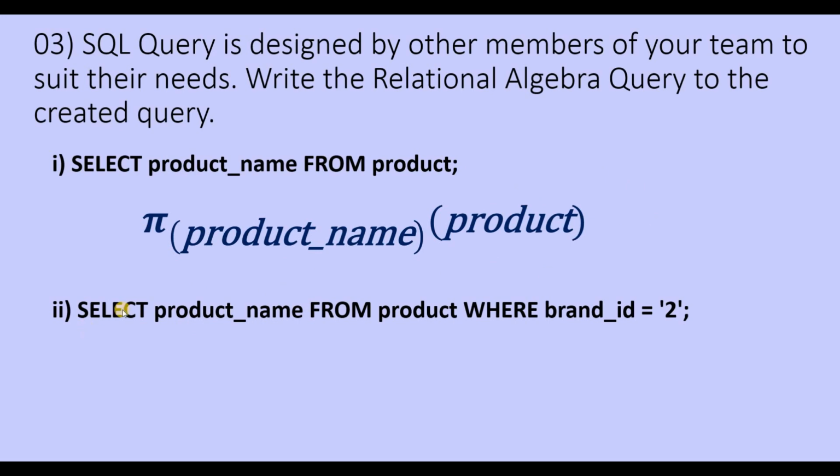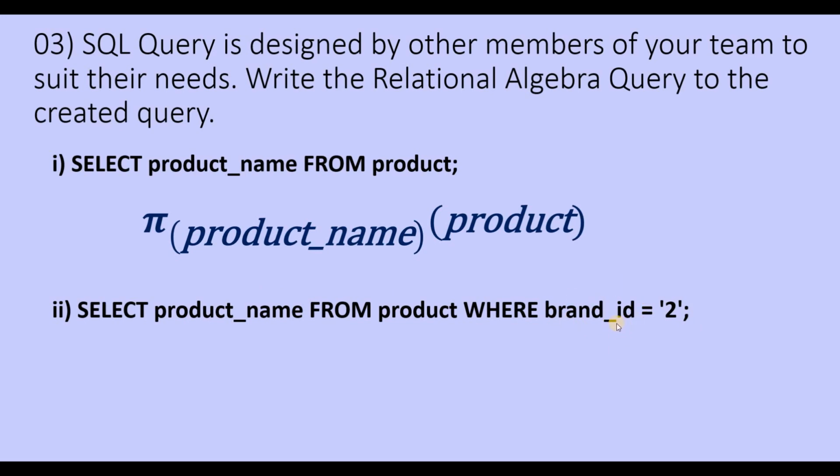Here's the second question. In the second question, this is the second SQL query. In that, select product name from product where brand ID equals 2. In that question, in the second part, we have to get the brand ID.